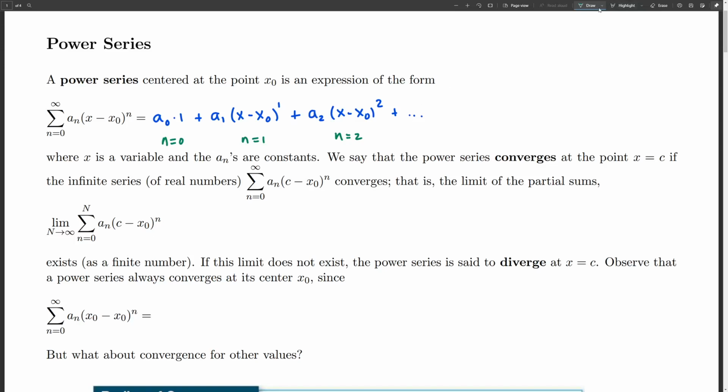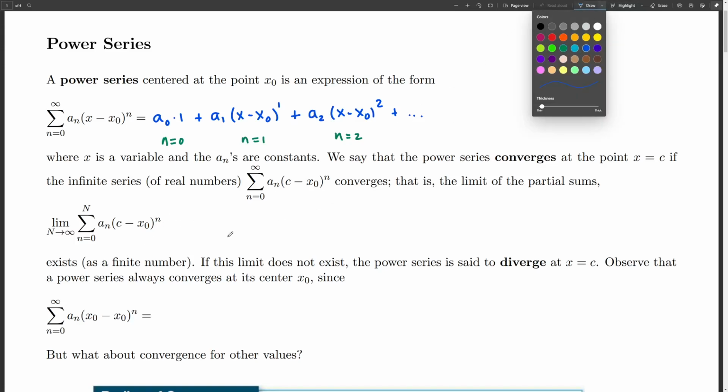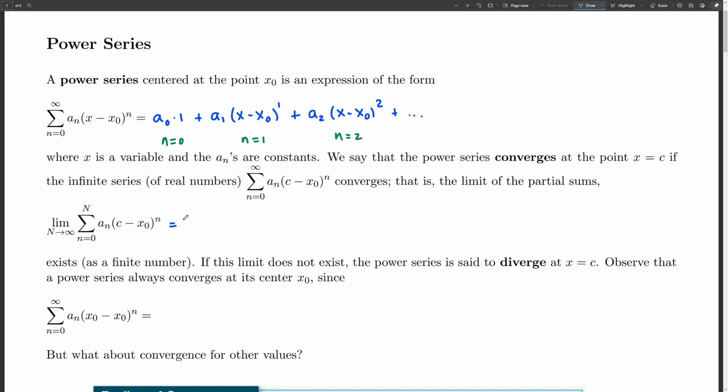So let's write this out. Let's write out a few terms of this partial sum. So this is the limit as capital N goes to infinity of, and then the first term is a naught.